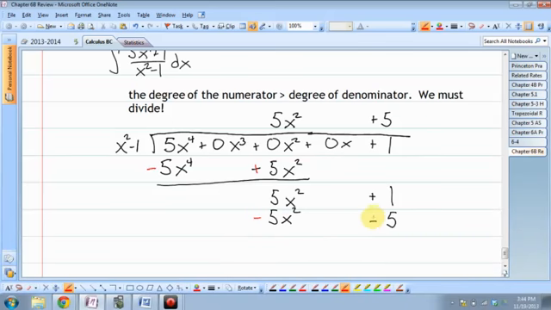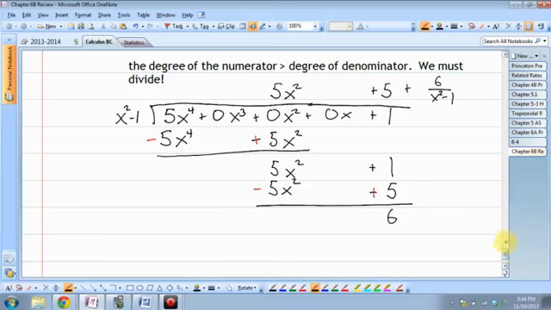Switch signs and add. That's 6. So that's going to give me a remainder of plus 6 over x squared minus 1. That's all the pre-work that you need to do before you can even start on the calculus.